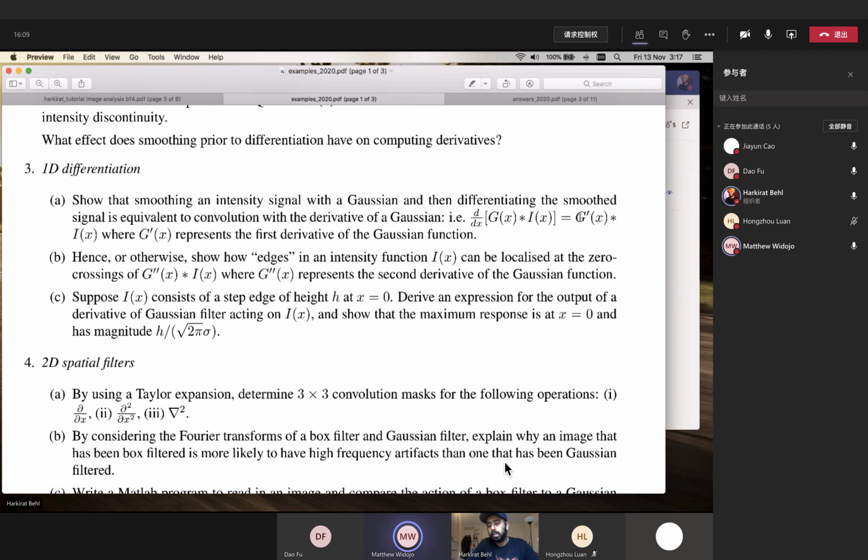So basically you have to realize that we are now convolving with the derivative of Gaussian filter. So when the convolution of the derivative of the Gaussian filter with the signal is maximum or minimum, that is where the edges in the intensity occur.